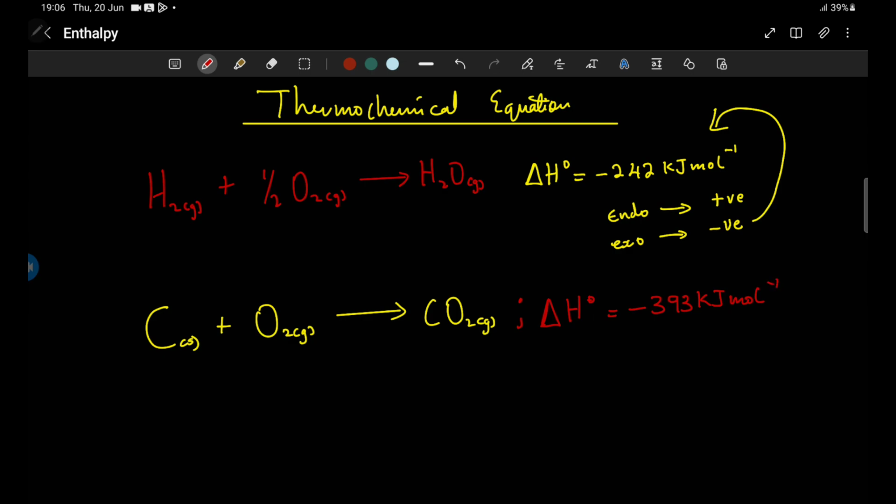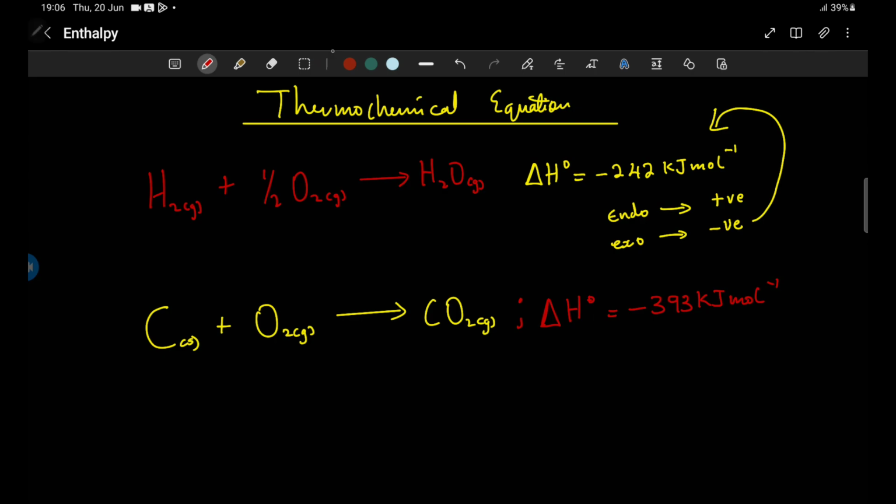So for every mole of this reaction, you have an energy of 393 kilojoules per mole being released. So 2 moles, that would be times 2 of that. 3 moles, that would be times 3 of that. So this is for exothermic.